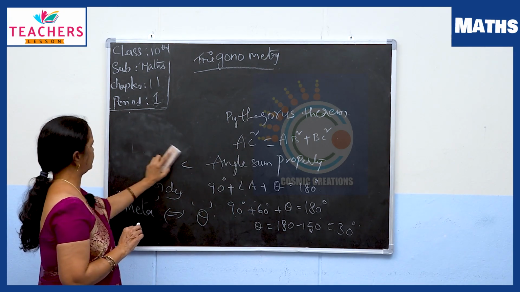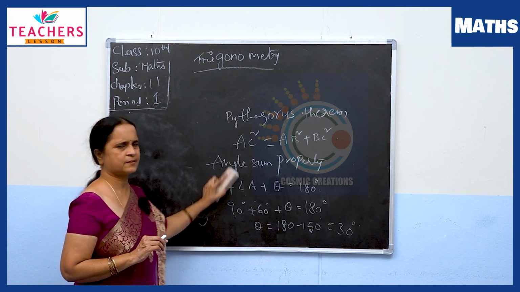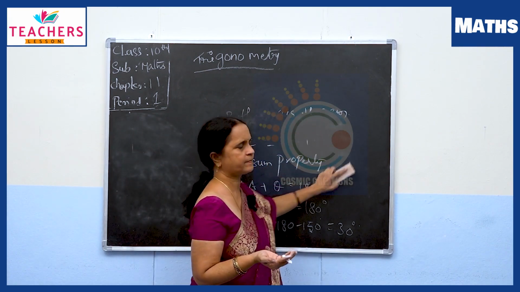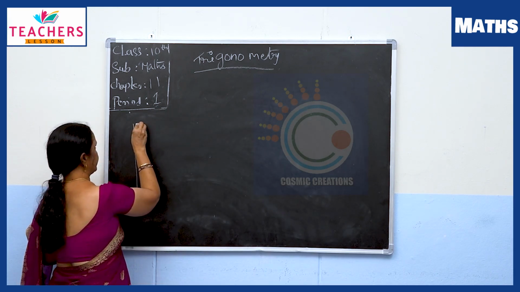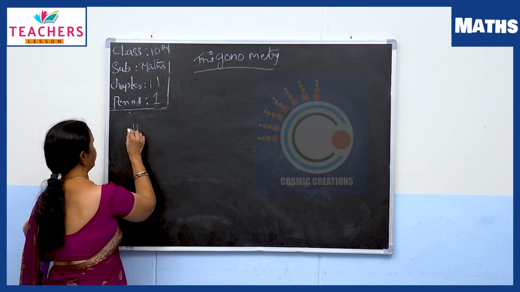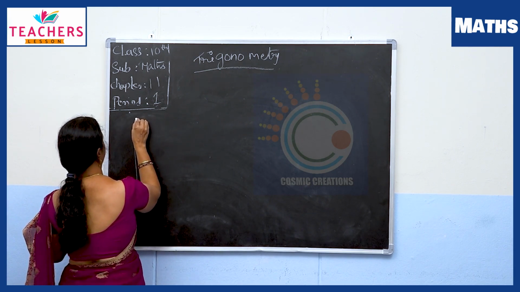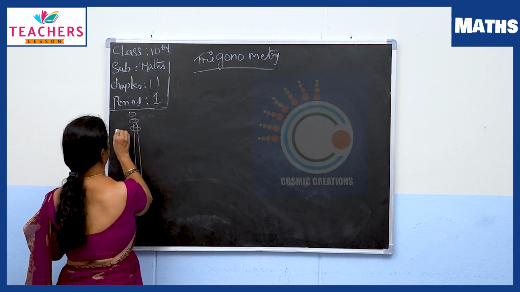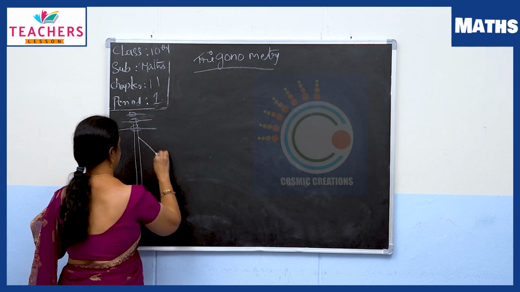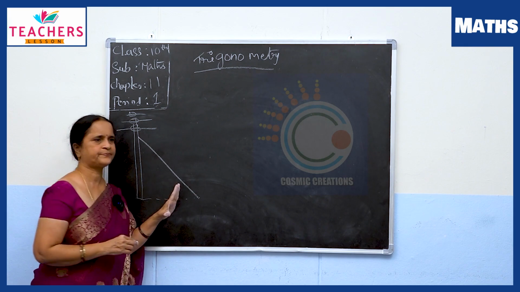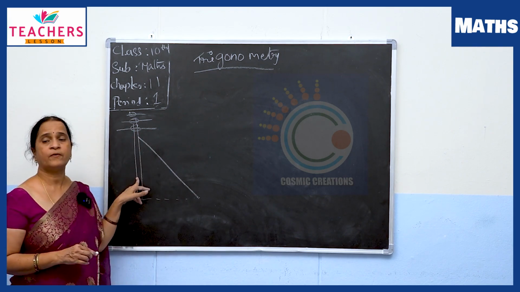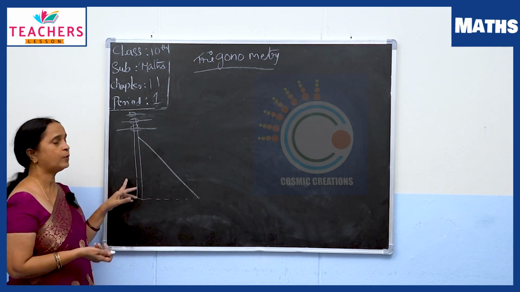Now, usually poles are present everywhere. What could it be? An electric pole.